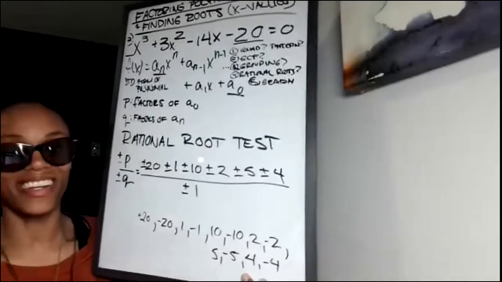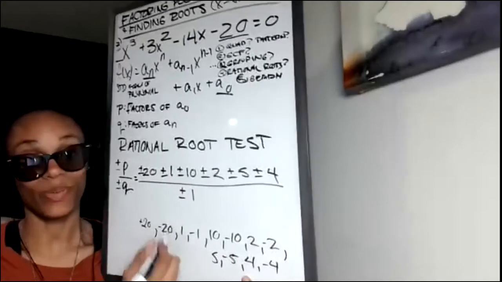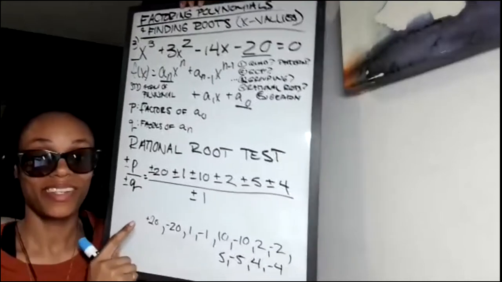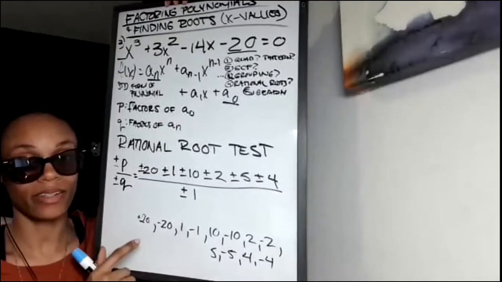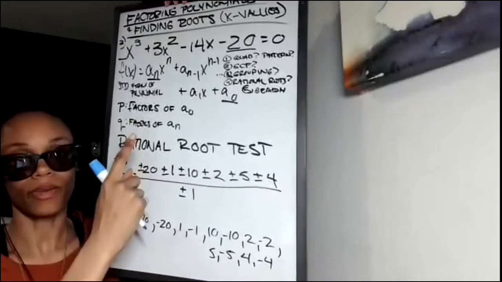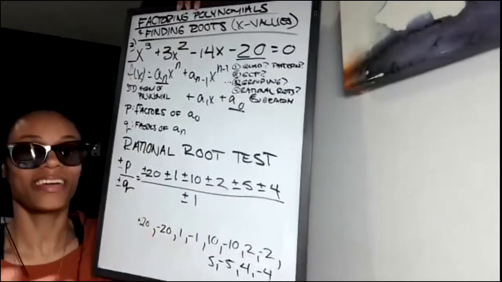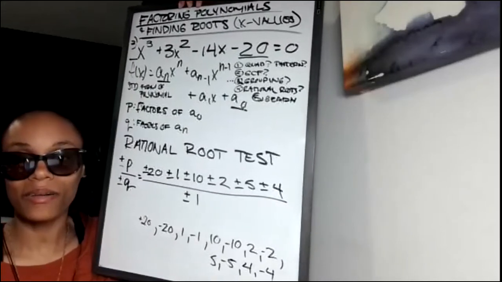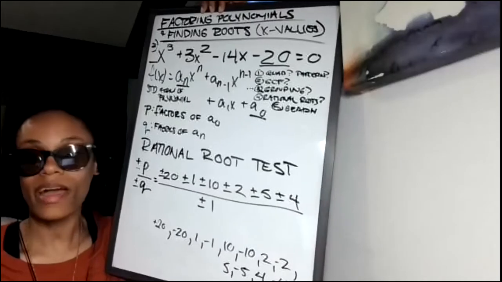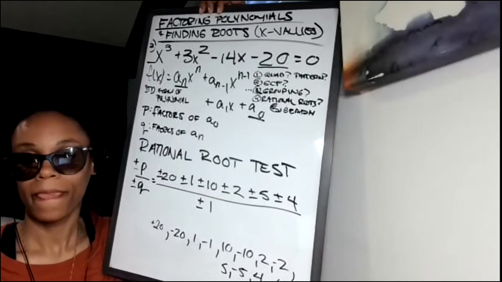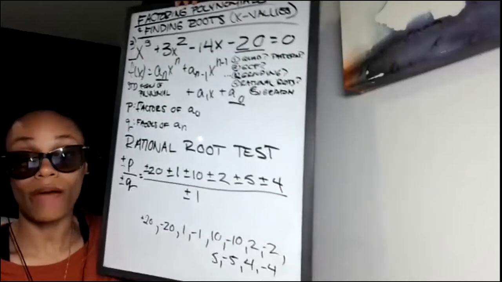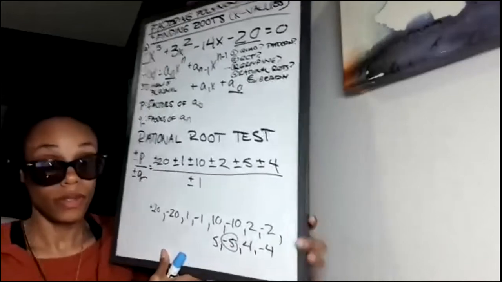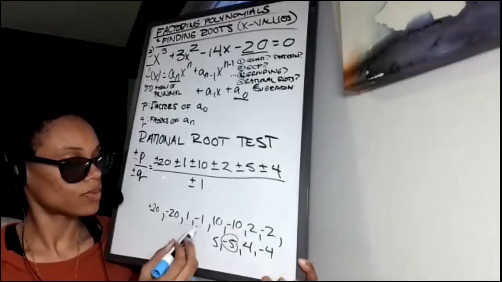From here, we would test each one to see which is actually a factor of this polynomial if you didn't have a calculator. I have an answer sheet, and I know that at least negative 5 is a real root. And again, we could graph that, and I'll show you how we get that. But negative 5 is a real root. But if you had to do this by hand, you would go through and test 1, negative 1.